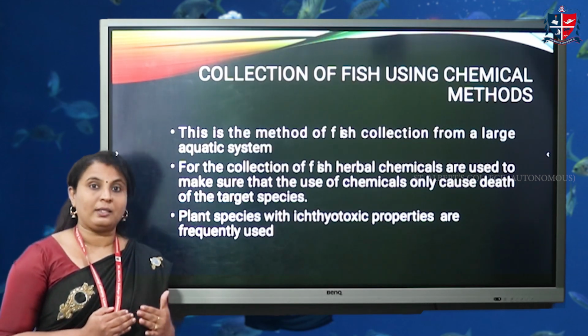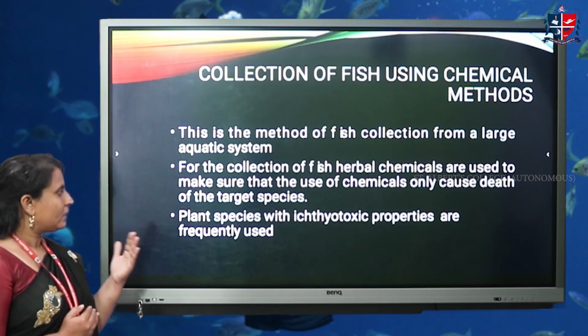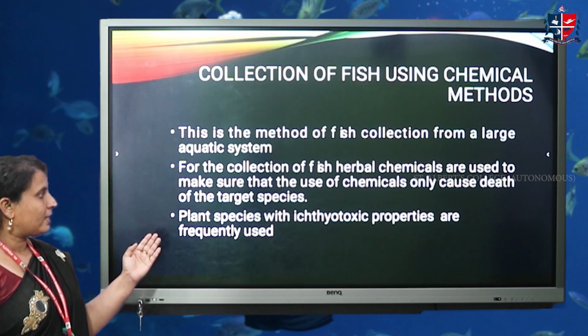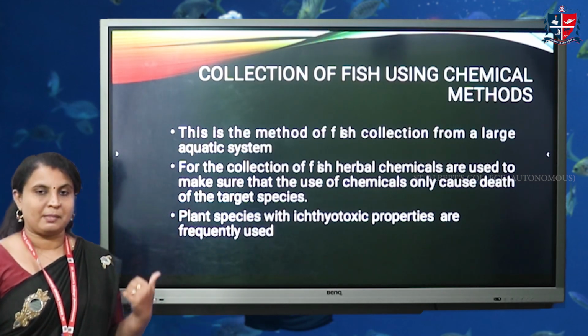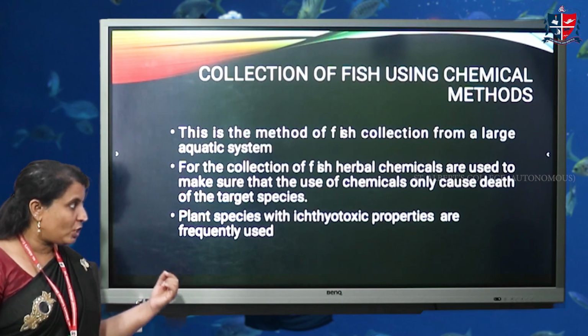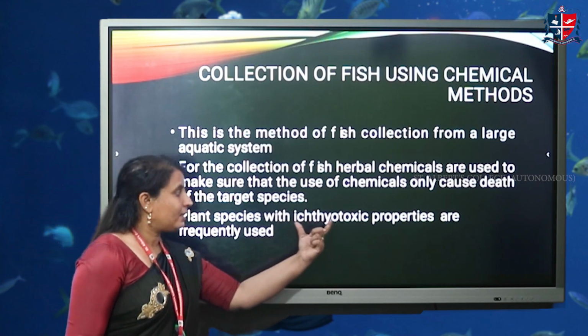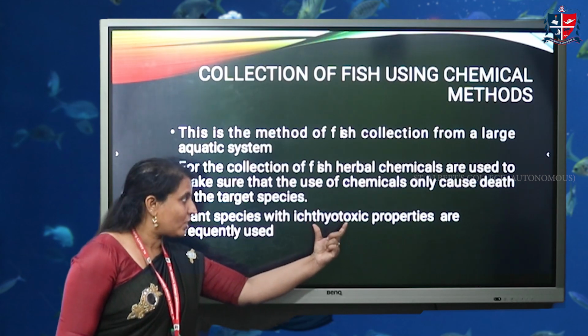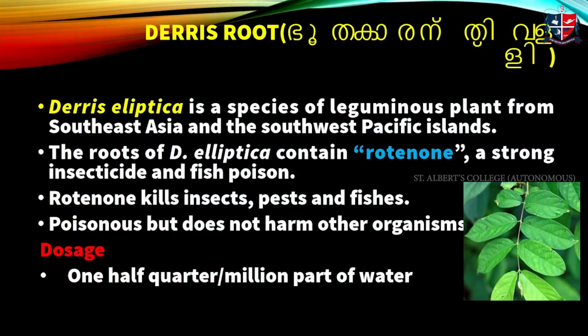Plant species with ichthyotoxic properties are frequently used in this method. Ichthyotoxic means toxic to fish; ichthyo is a term connected to fish.